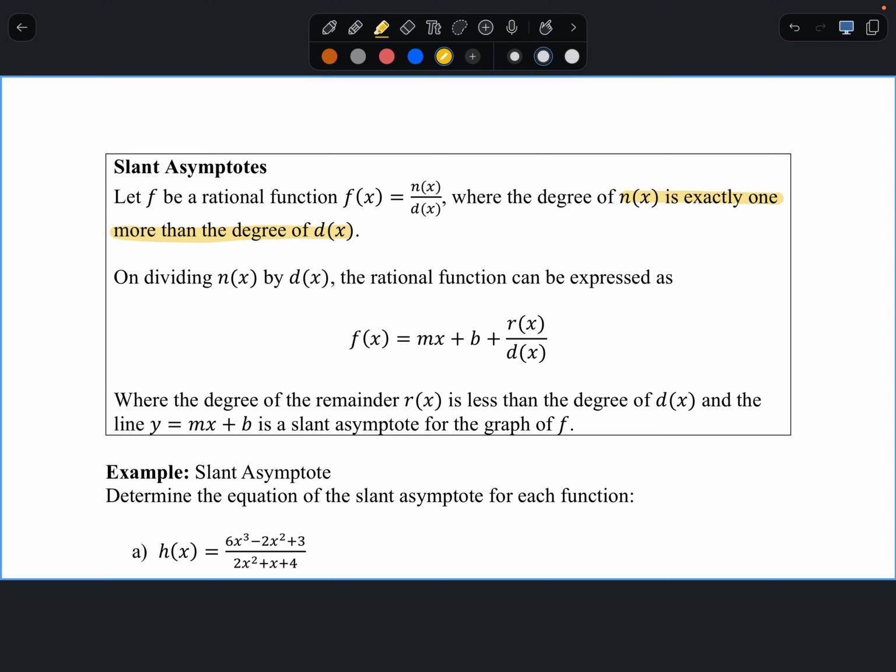So we can say that h of x has a slant asymptote at y equals 3x minus 5 halves. So if I go back over to Desmos and look at this graph again, I'll switch it back.